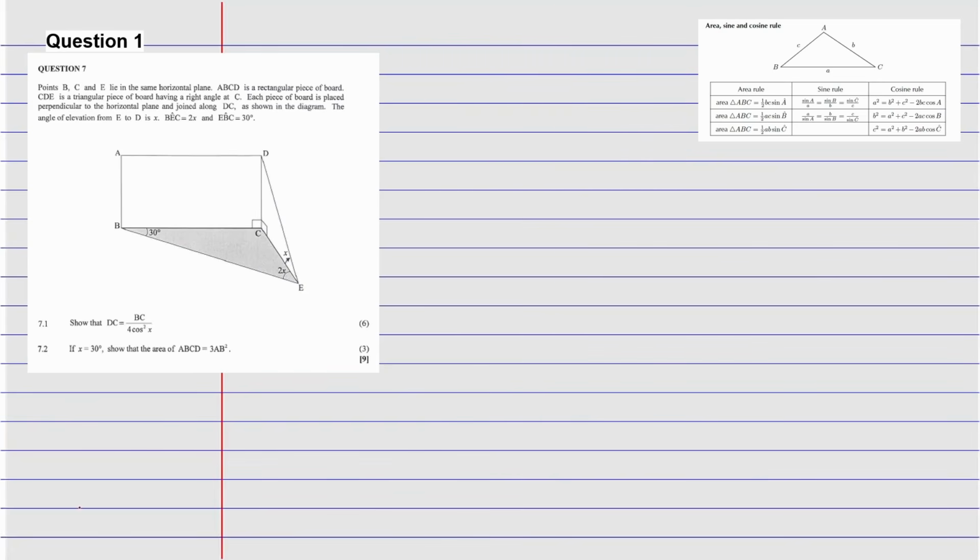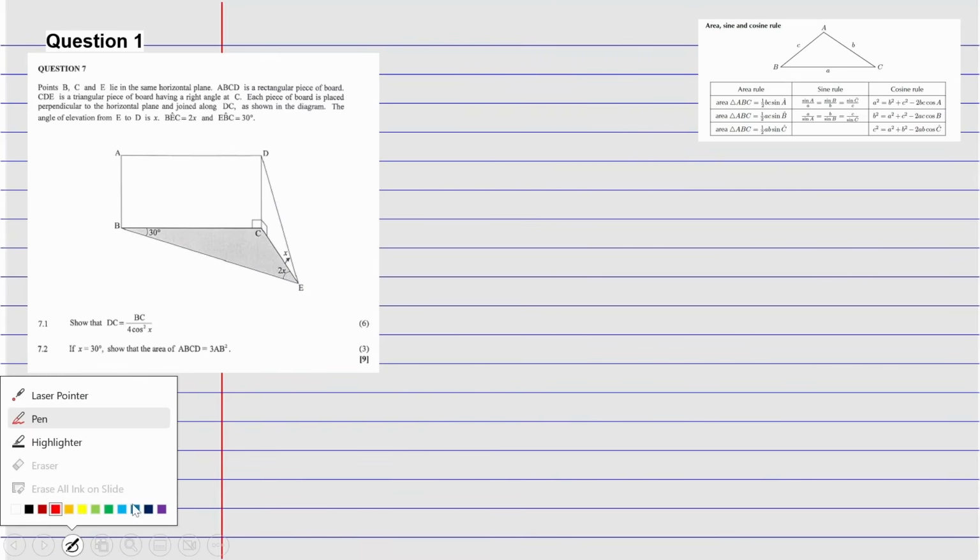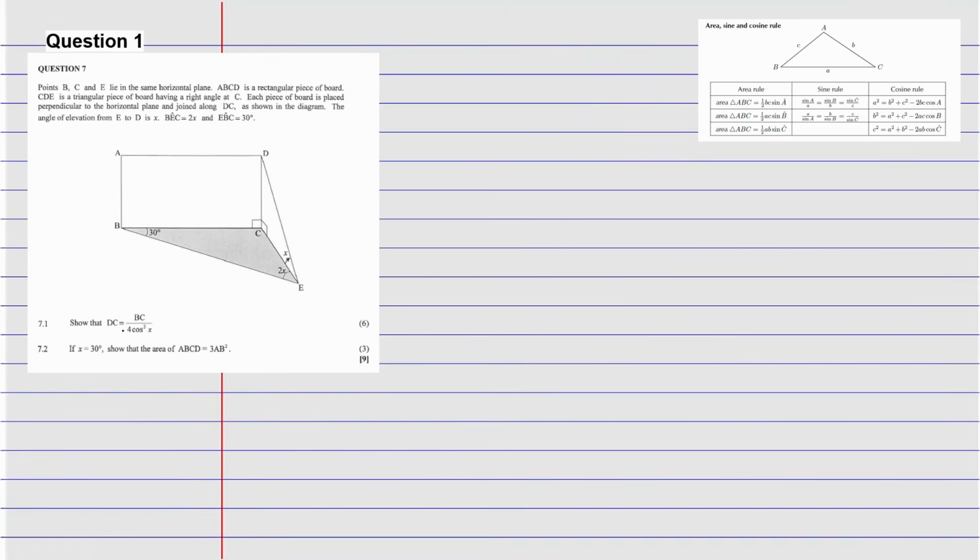So now the first question, it says, show that DC is equal to BC divided by 4 cos squared X, right? Every time they ask you to show something, and with this one they tell you what you need to show, you look at what they want from you and you write down the information.